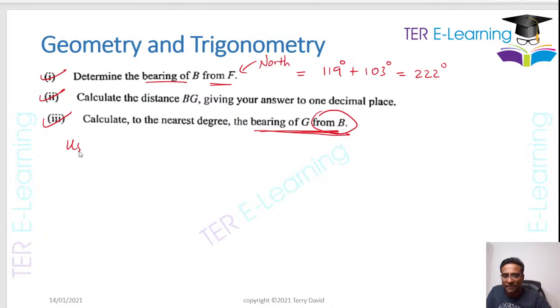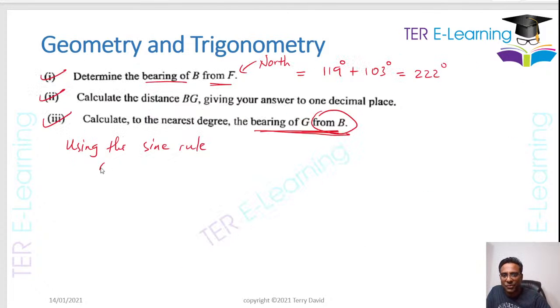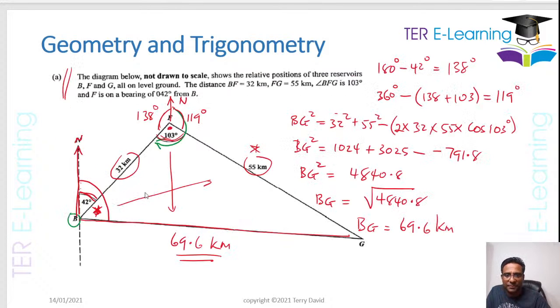So I'm going to set it up like this. So using the sine rule we're using this time, right? It's not a right angle triangle. So it's going to be 69.6 divided by sine 103 degrees is equal to, right?